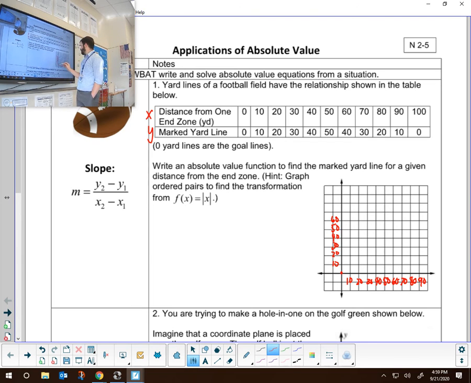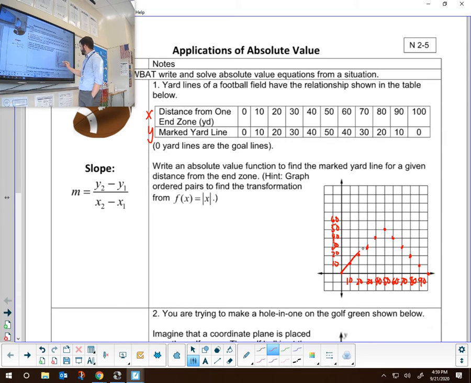As I go up, we're going to go 10, 10, put a point, 20, 20, put a point, 30, 30, 40, 40, 50, 50, 60, 40. So we'll go 60, 40, 70, 30, 80, 20, 90, 10, and 100, 0.